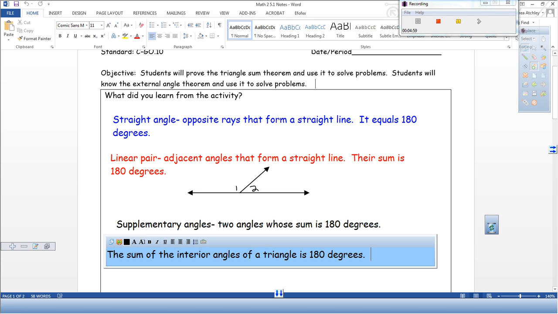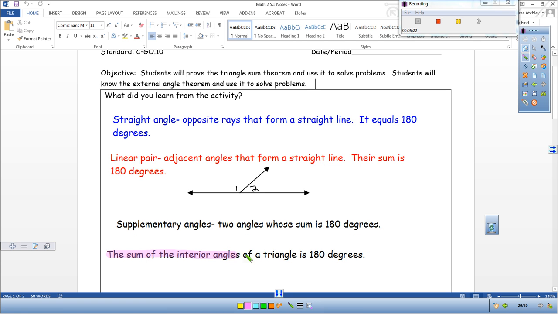The sum of the interior angles of a triangle is 180 degrees. Remember in our notes we highlighted that. I'm going to highlight that, or put a star by it, or however you know, so that's really important. That's a theorem that's kind of new to us.